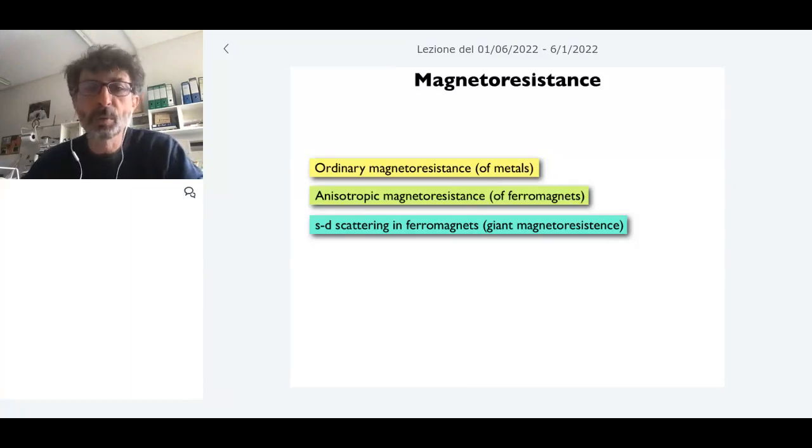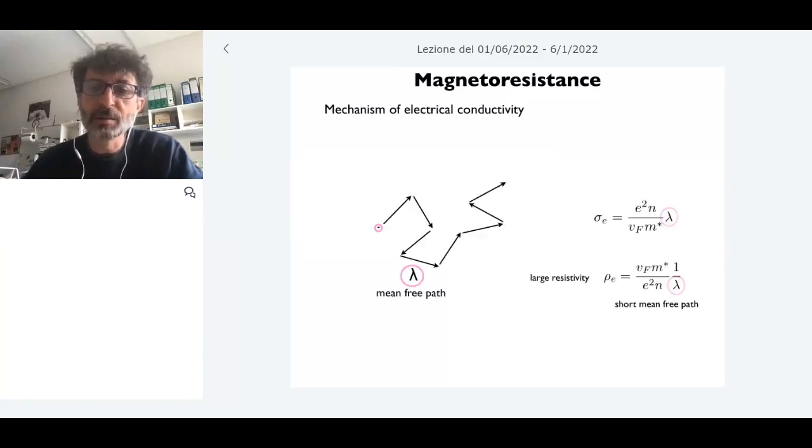So what we will try to do here is to distinguish the causes of these three different kinds of magnetoresistive effects. Let's start at the beginning by saying just a word on electrical conductivity.